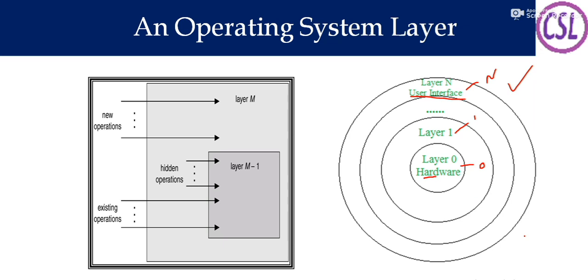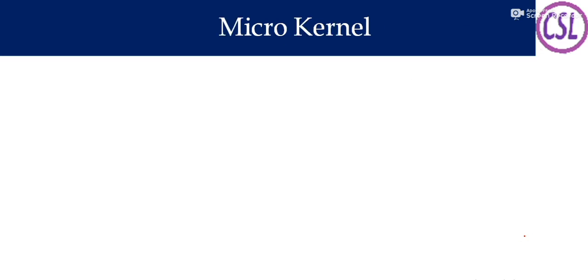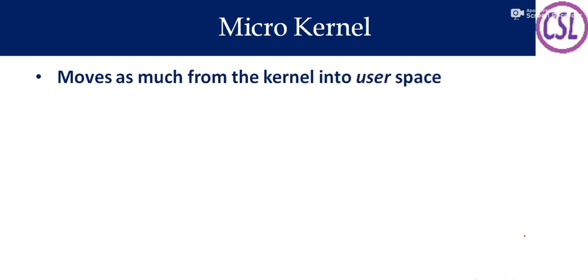And the next approach is the microkernel approach. In the microkernel approach, the majority portion is moved from the kernel to the user space. That means before the microkernel approach, most of the functionality of the operating system is in the kernel space.